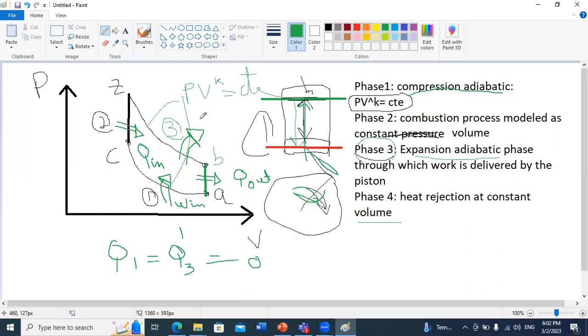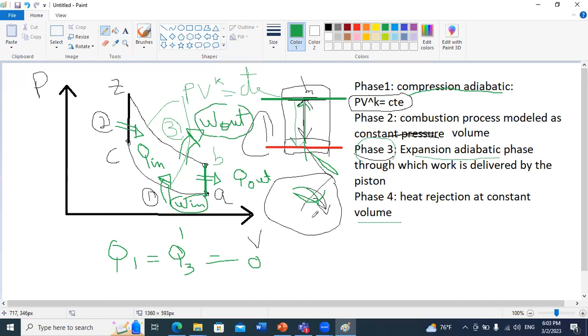And what is the useful power here? In phase 3, yes, the useful is phase 3, but one part of this produced work will go to supply input work, to power the motion of the piston.